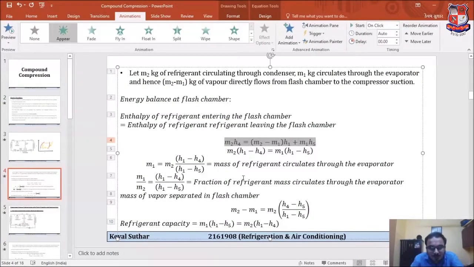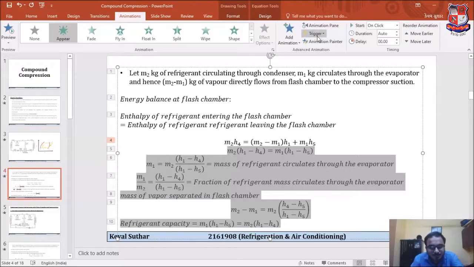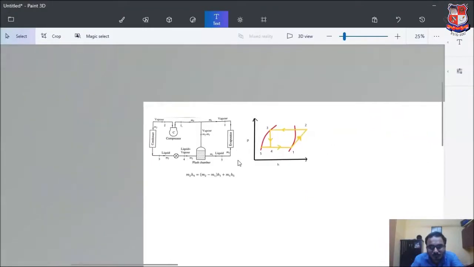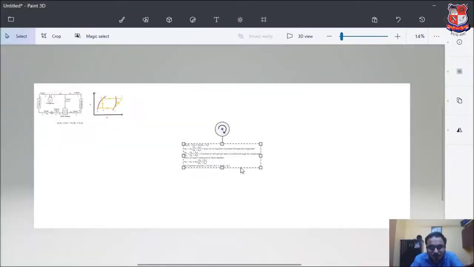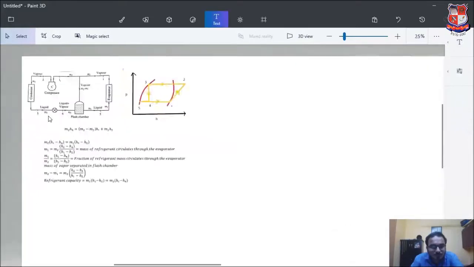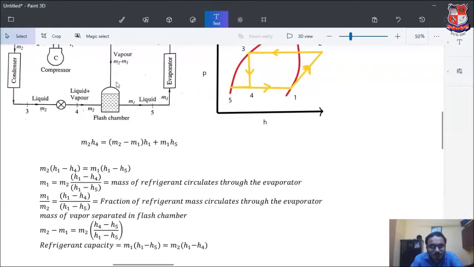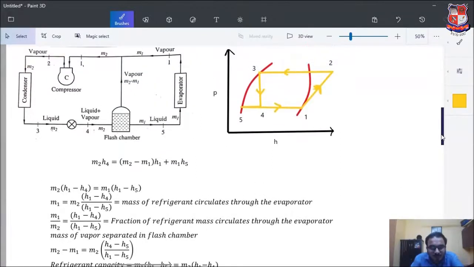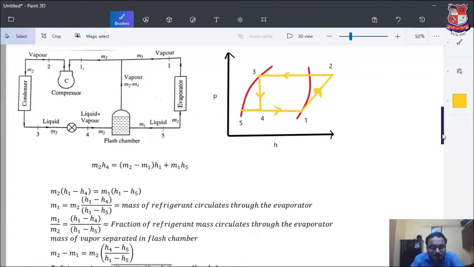And we can also take the remaining formulas for further explanation. So I suggest you to pay attention to these formulas, that this is the formula we have arrived.